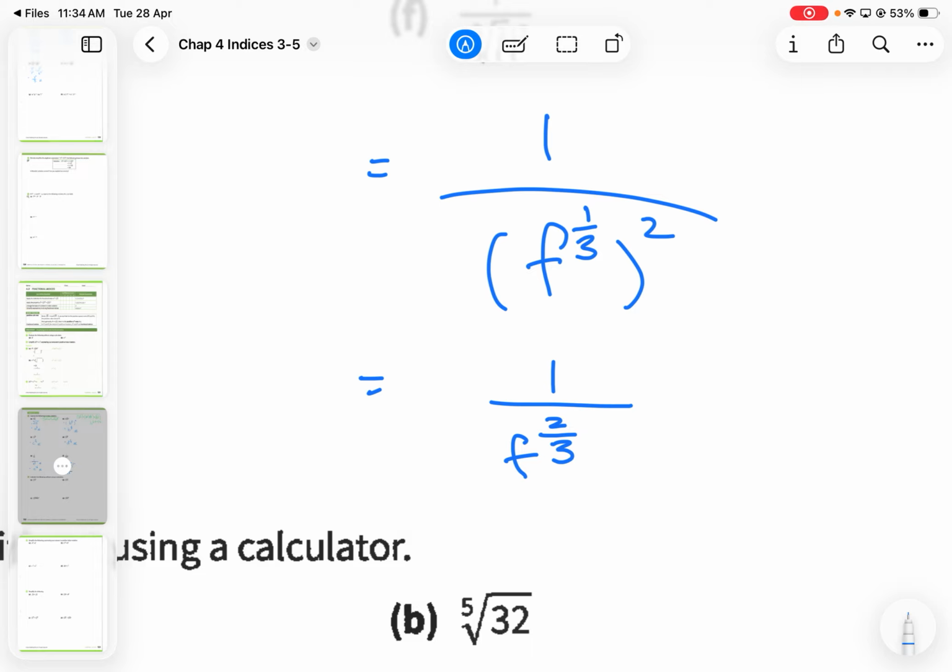Then if I want to write it as the numerator, it will go to the numerator and have a negative in the power.